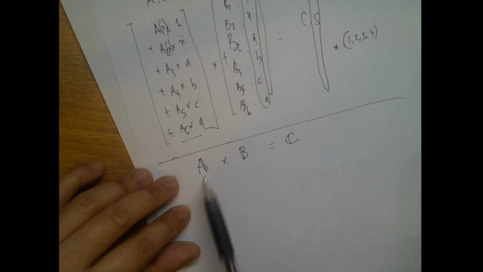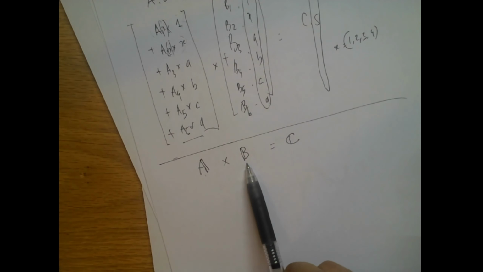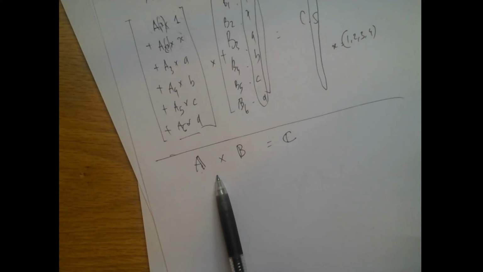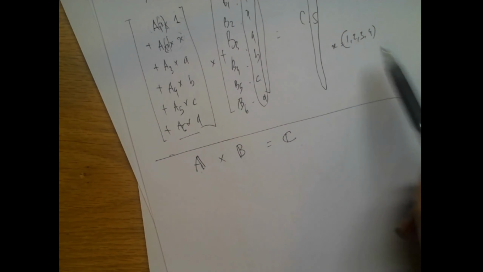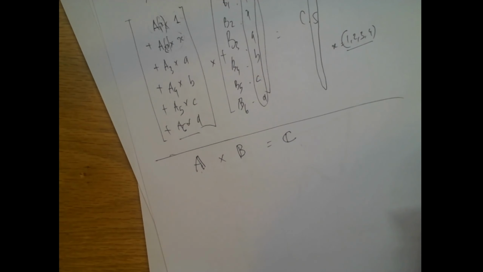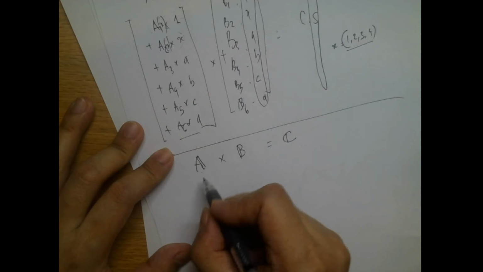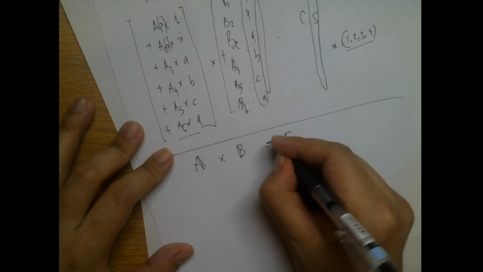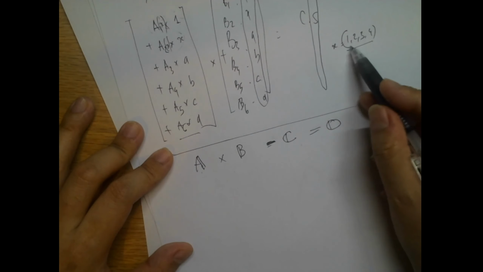So this polynomial degree 3, this polynomial degree 3, multiply gives a polynomial of degree 6, and this polynomial degree 3. They are not equal. They are just equal at these points. Another way to say this is to say that A times B minus C equals 0, again at these points.